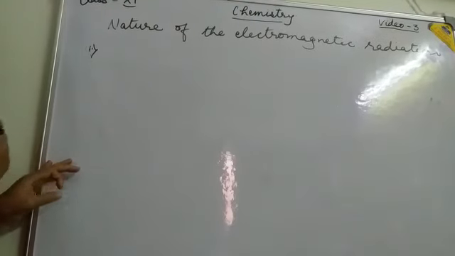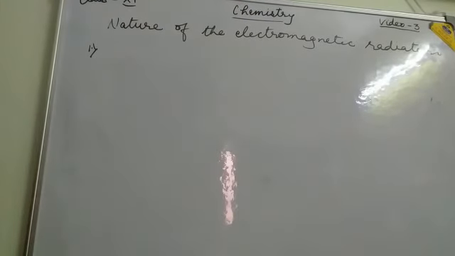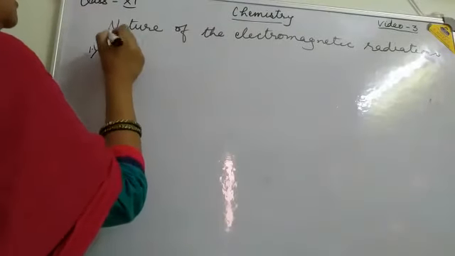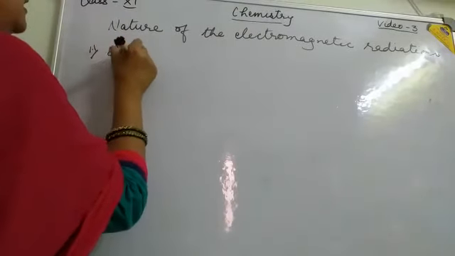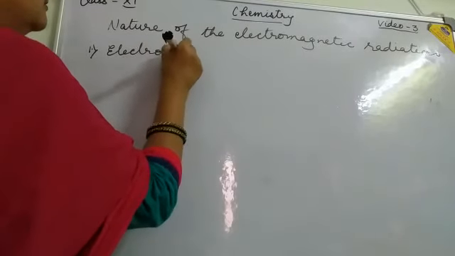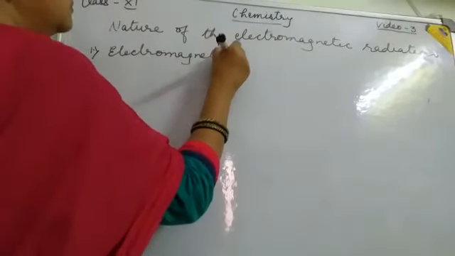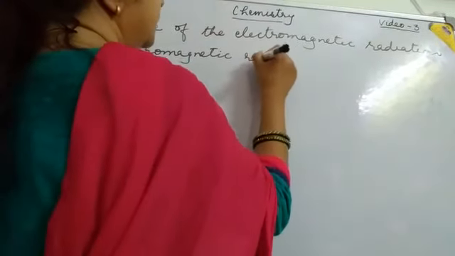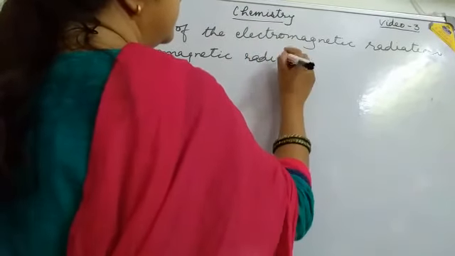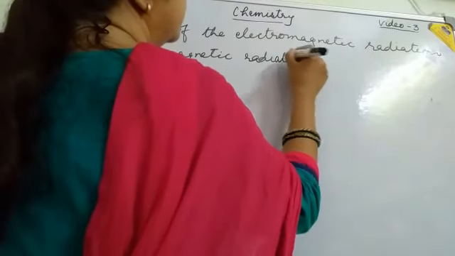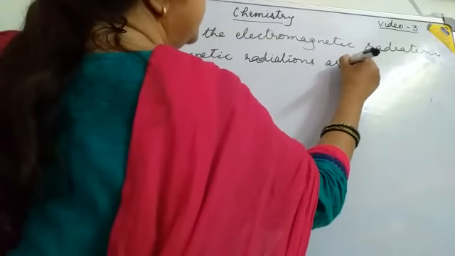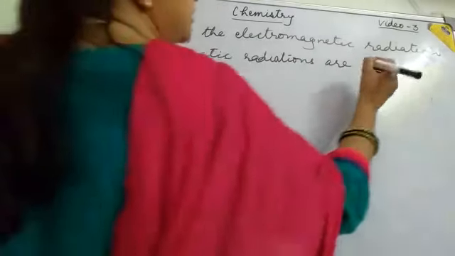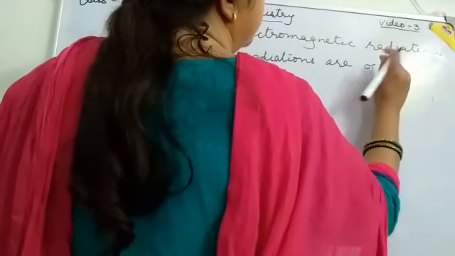To understand this, let's summarize the properties of electromagnetic radiation. Electromagnetic waves are associated with oscillating electrical and magnetic fields.